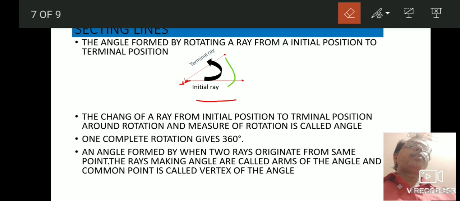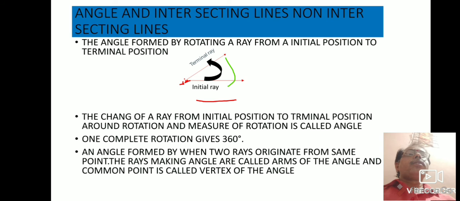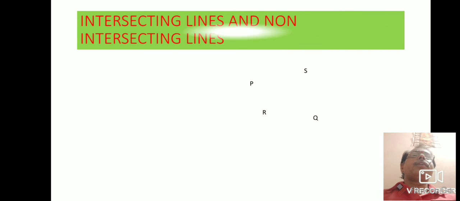And next, the starting point is known as the vertex of that angle, and the two rays which originate from that same point are known as arms. Okay, so these are the definitions. And next, let us see intersecting lines and non-intersecting lines.